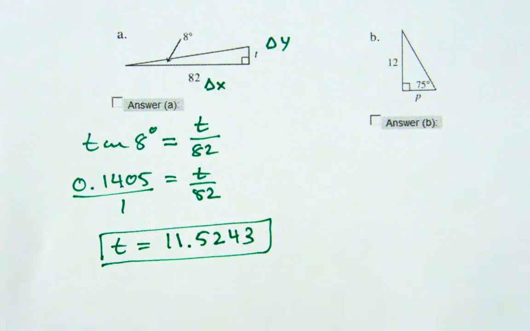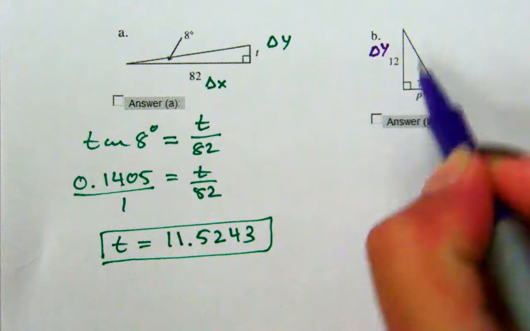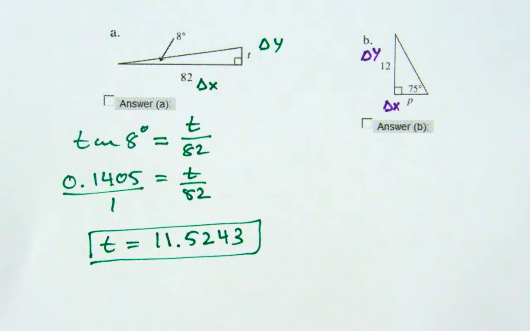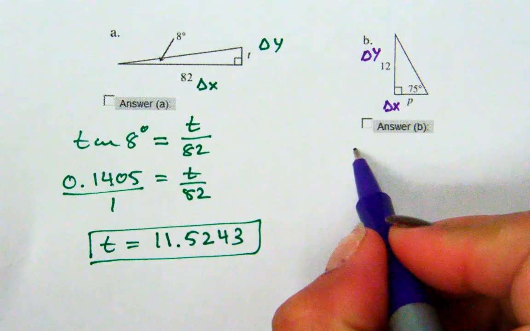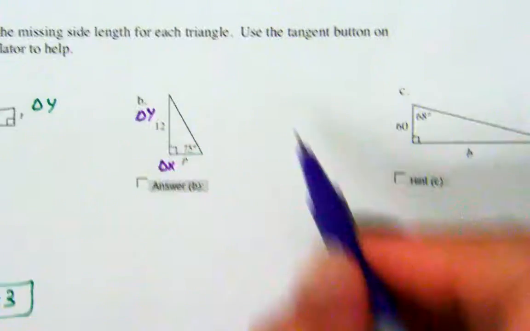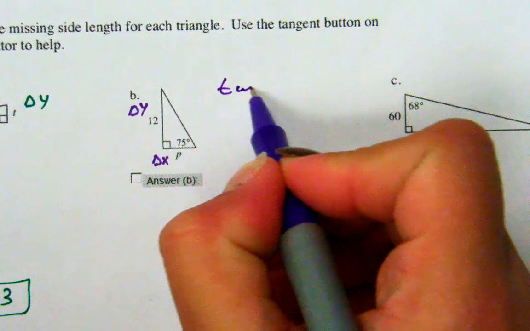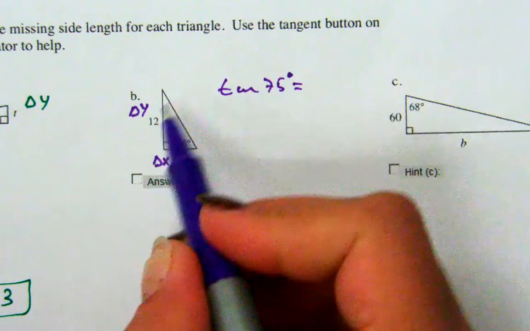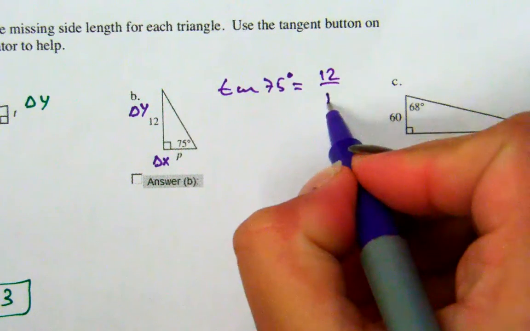All right? B is kind of the same thing. It's just pretty much a different angle. There's not really much to it. So this is going to be your change in y. This is going to be your change in x. So let's see. Tangent of 75 degrees is equal to change in y over change in x, so 12 over p.